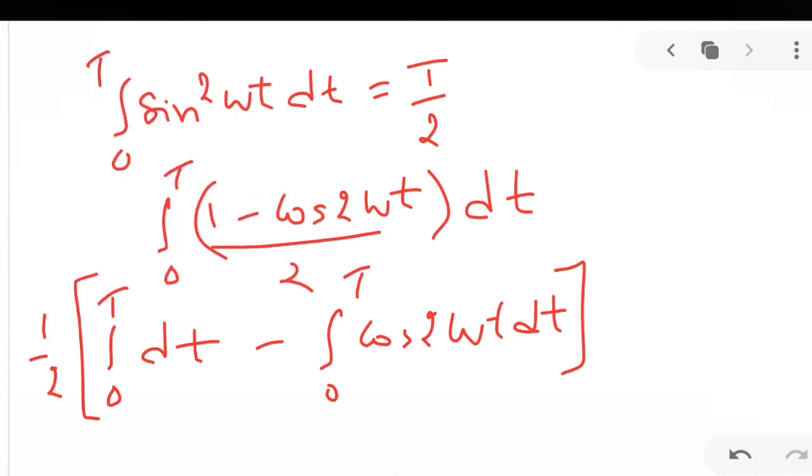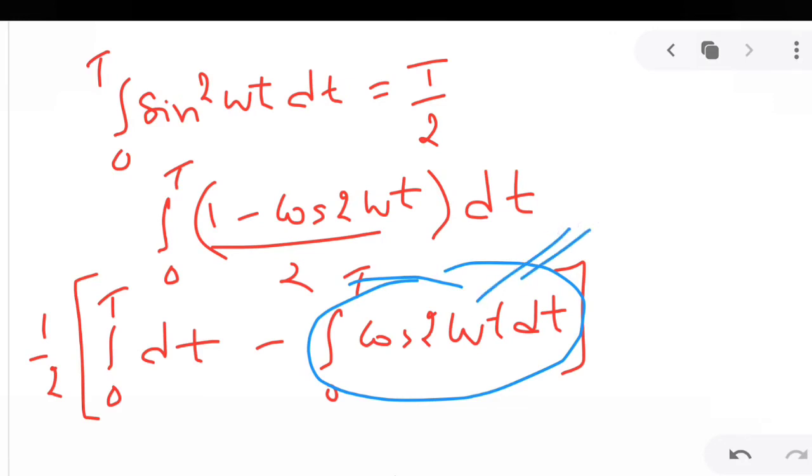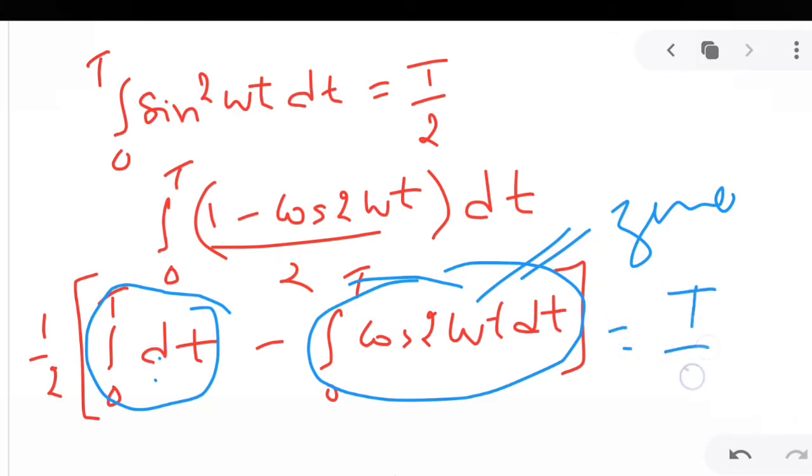Now this second term is again 0. This is similar to integral 0 to T sin 2 omega t dt, so this is equal to 0. Now if you integrate 0 to T dt, this is T, so T divided by 2. So this is equal to T by 2. So hence this result.